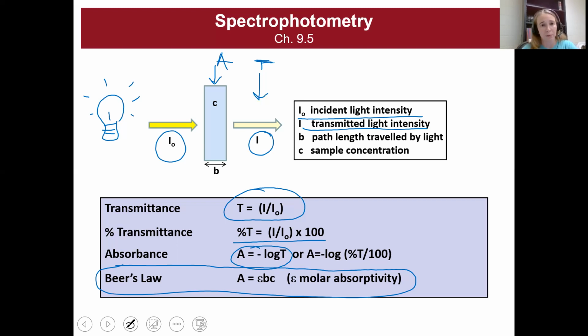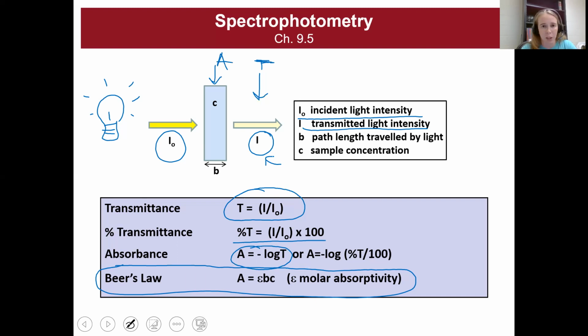Whatever is in our sample is absorbing light, which is why the light that comes out is a lower intensity than the light that went in. That absorbance is related to the light that comes out by this equation: negative log of the transmittance. We can't physically measure how much light is absorbed by our solution.